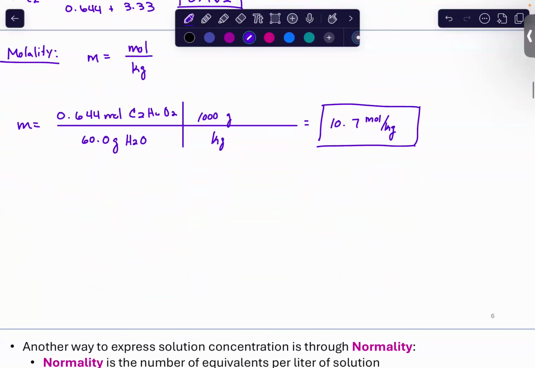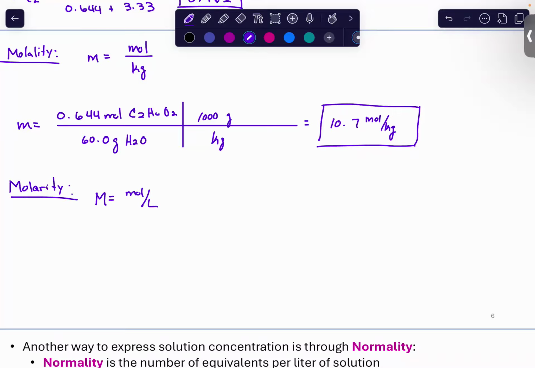And last, we are going to do molarity. And molarity is moles per liter. Okay, well, again, I know the moles of my ethylene glycol, and the liters are there on the bottom. So the last one was kilograms of solvent. This is liters of what?